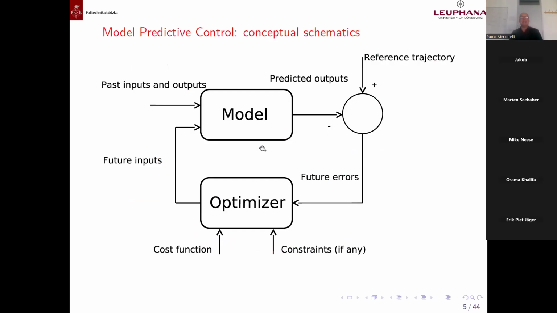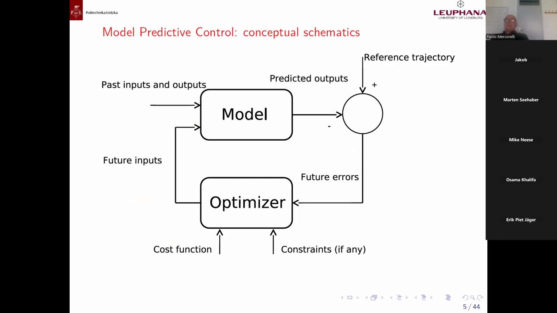Basically, we can summarize everything which I told you until now in this form. We have a model. We have the past inputs and outputs. As I told you, these elements, if we need them, are at this position. Using the model, I will predict outputs. Now we will see concretely with the example.